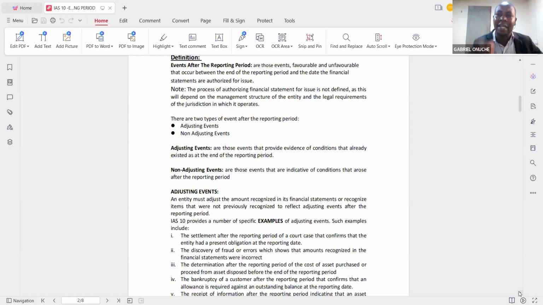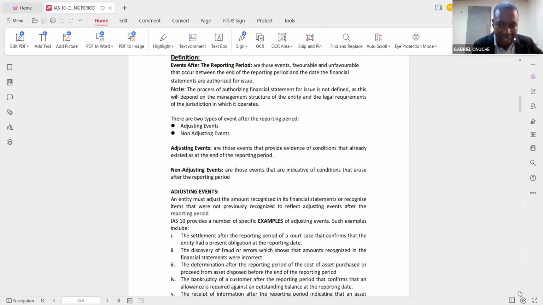So what that means is that any event, either favorable or unfavorable, that occurs between 31st of December and 15th of March is covered by IAS 10. Any event that is outside this period, the standard says, is outside the scope of the standard.